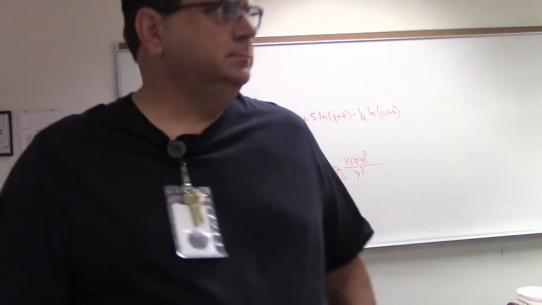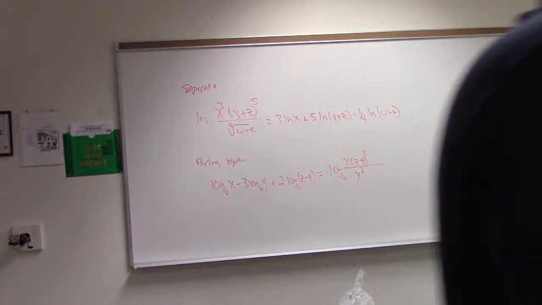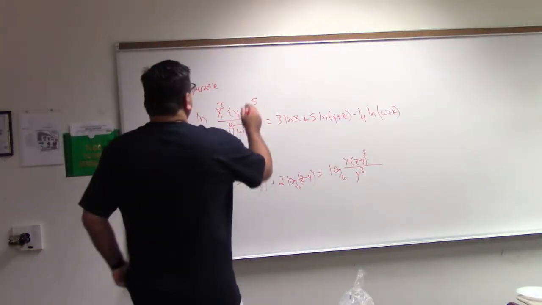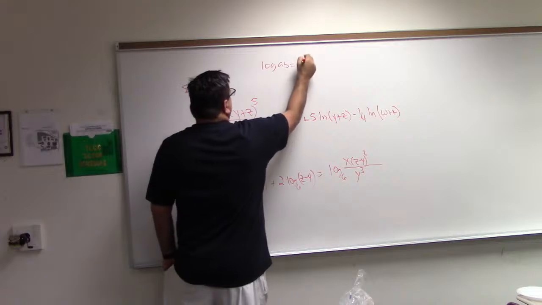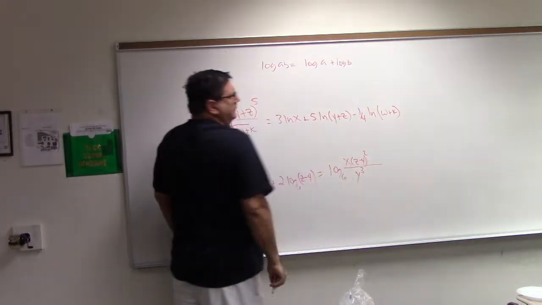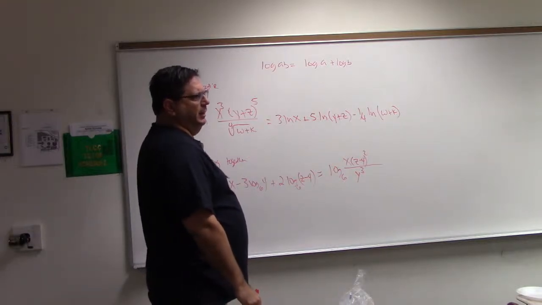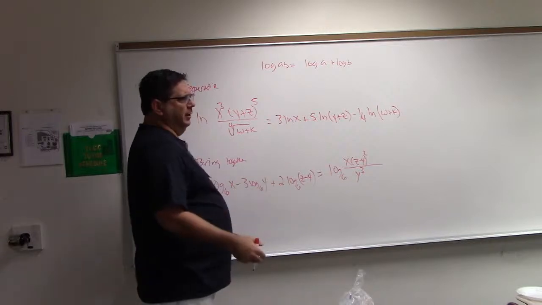Jake, you good? What's wrong, Jake? I don't know, it's just hard, I guess. All of it. Yeah, so remember, Jake, essentially we're using these three properties. Log AB goes out as log A plus log B. And that may not make any sense to you. You're probably stuck between wanting to understand it and maybe just memorizing it.